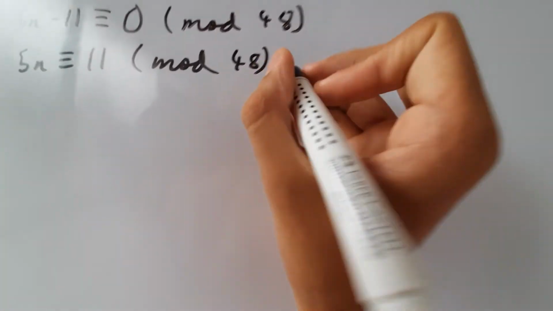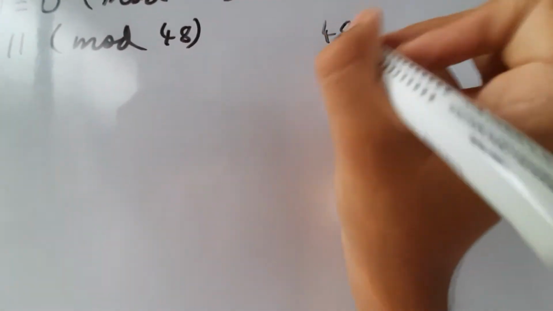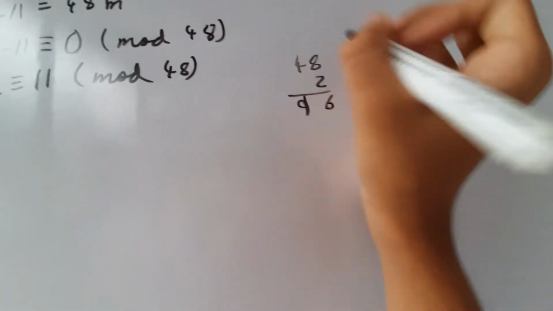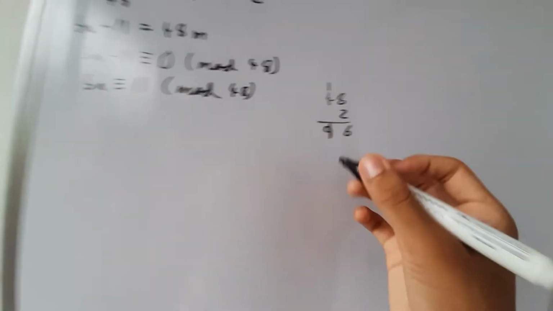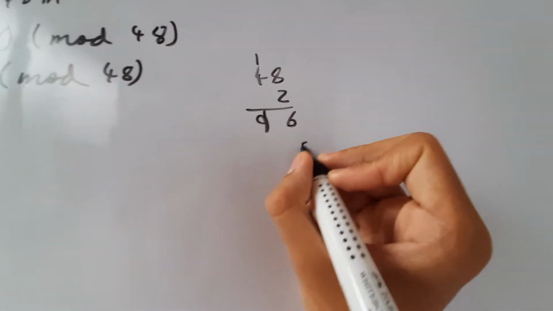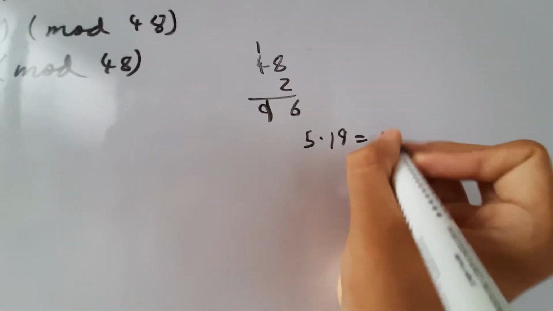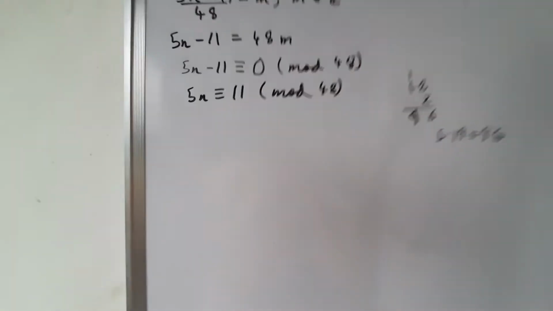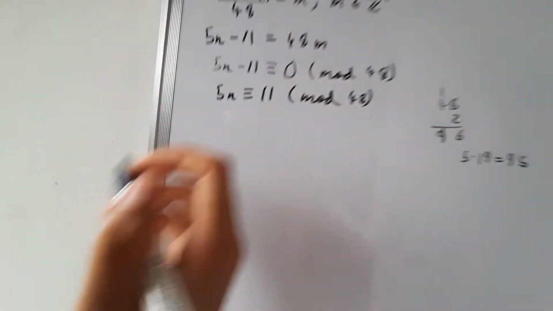So let's think about this. 48 times 2, if I'm not wrong, is 96. Yes, that's 96. And of course 5 times 19 is 95. So let's just multiply both sides by 19.